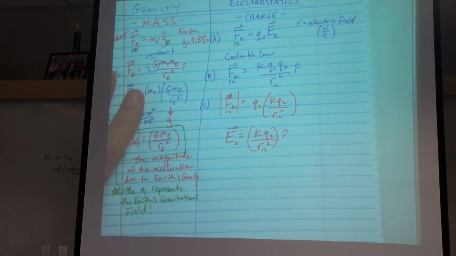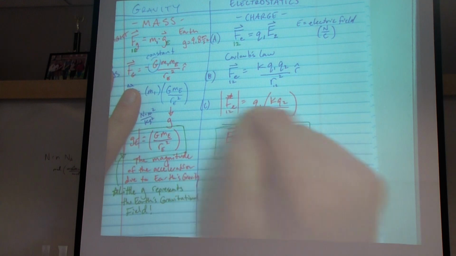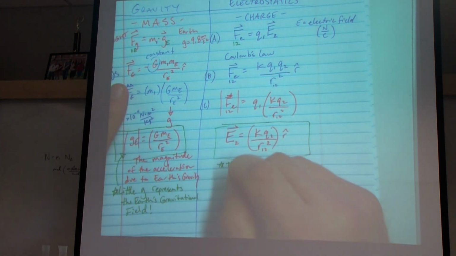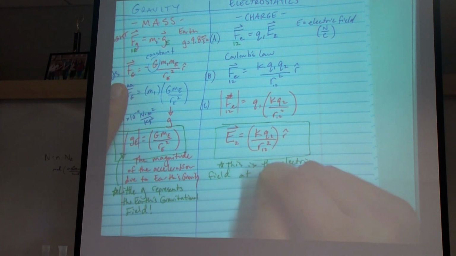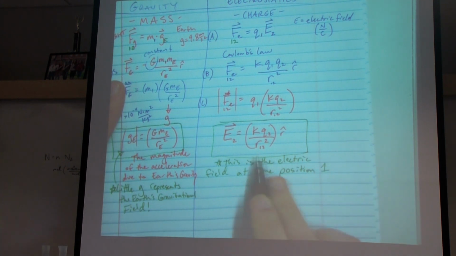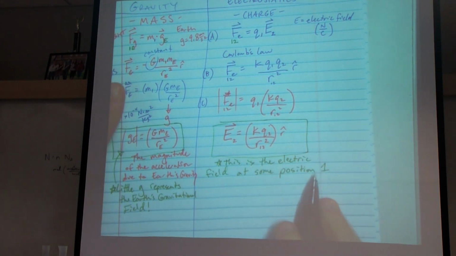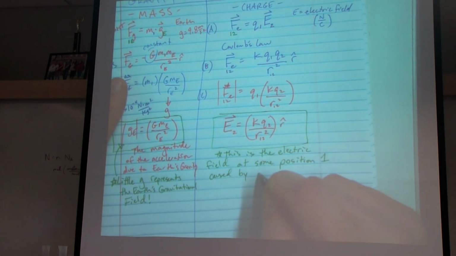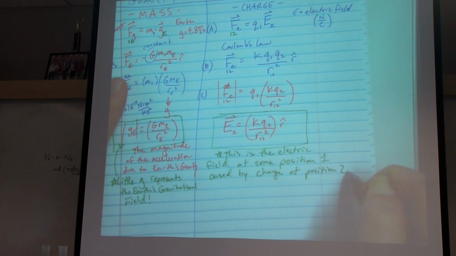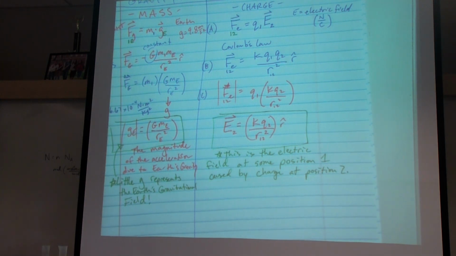This right here is the electric field at some position called 1, because I have R12, that's what that 1 is. At some position 1, caused by charge at position 2.